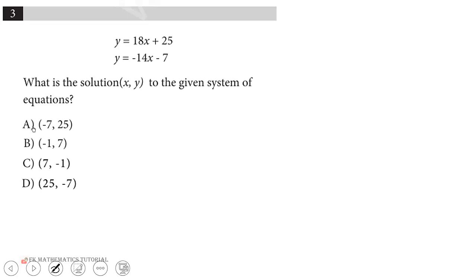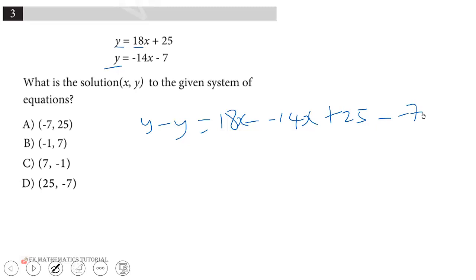So you can subtract the lower equation from the upper one. So y minus y will be equal to 18x minus negative 14x. Then we have plus 25 minus negative 7.